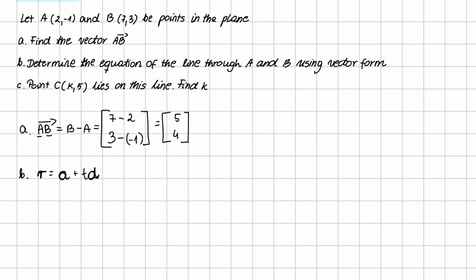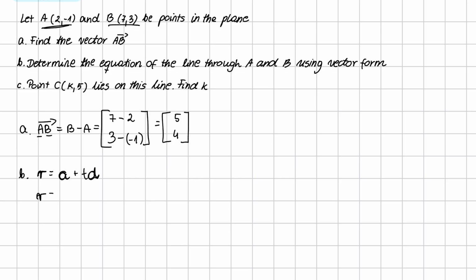D is our direction vector, and t is just a parameter. In our case we have 2 points, so we can choose either A or B, it doesn't matter. Let's choose A because it's our first letter.